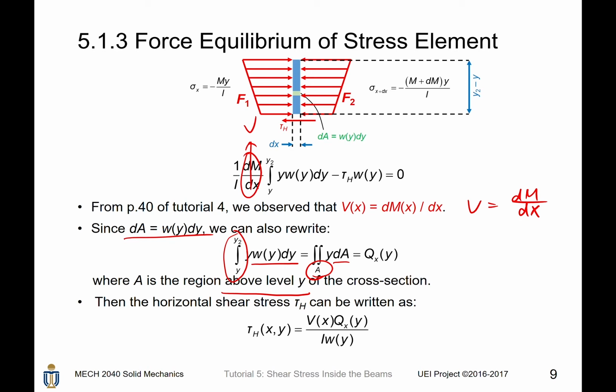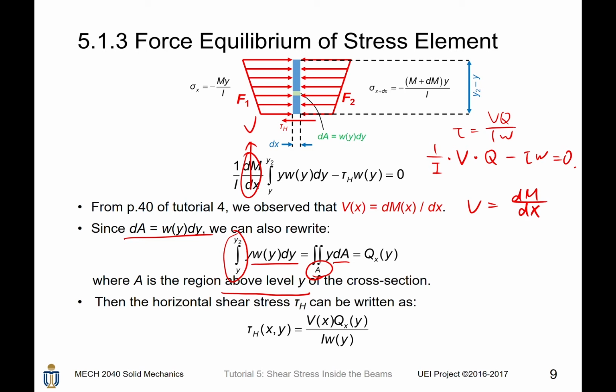So now this equation becomes 1 divided by I times V times Q minus tau w equals 0. Then we can rewrite this equation as tau equals VQ divided by Iw. It is still talking about the horizontal shear stress.